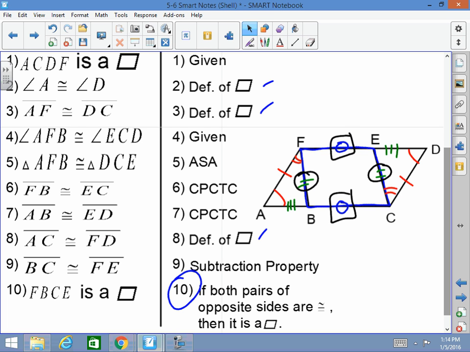The fact that if both pairs of opposite sides are congruent, then it is a parallelogram. You can use definition of parallelogram all the way throughout until you prove at the end that you made a parallelogram. Is that fair? Thank you, brothers. May I continue? I don't want to jam anyone up. We're good? Okay. Thank you, gentlemen.